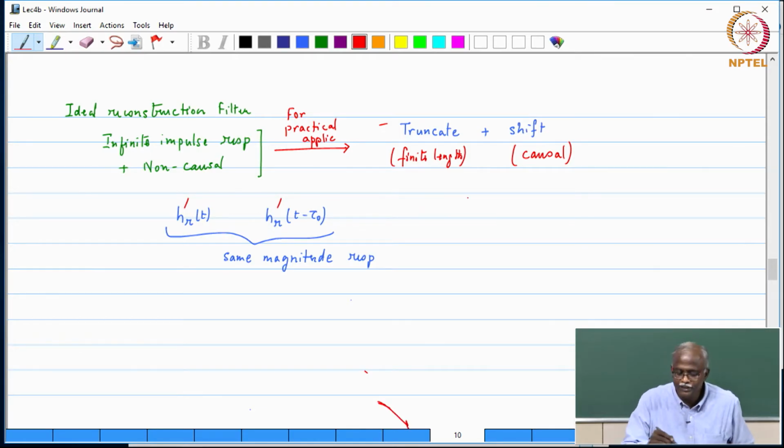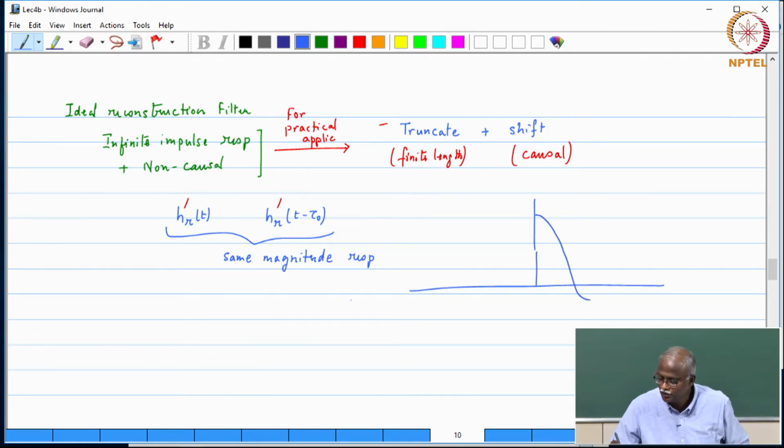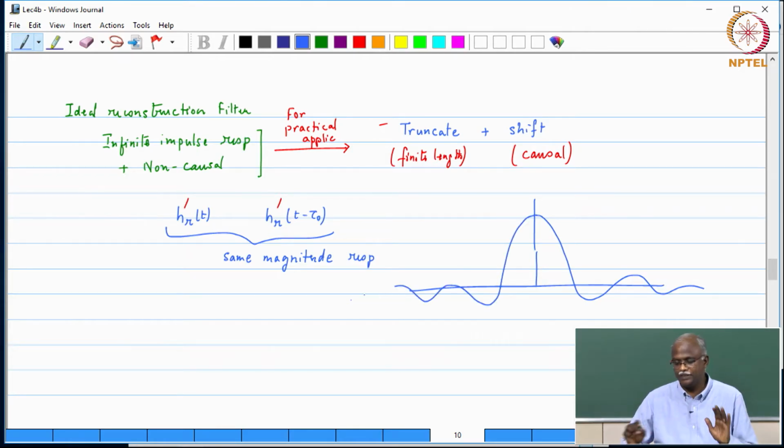So, truncation essentially means that we have an underlying filter that is infinite impulse response. I will just draw it very quickly, it may not be very symmetric, but I want to truncate it. There are several ways in which we can truncate.